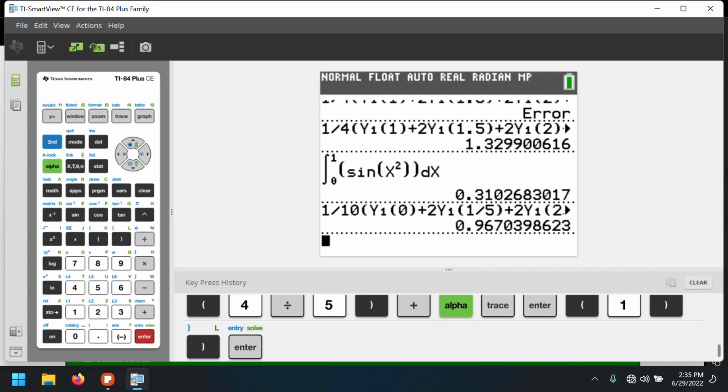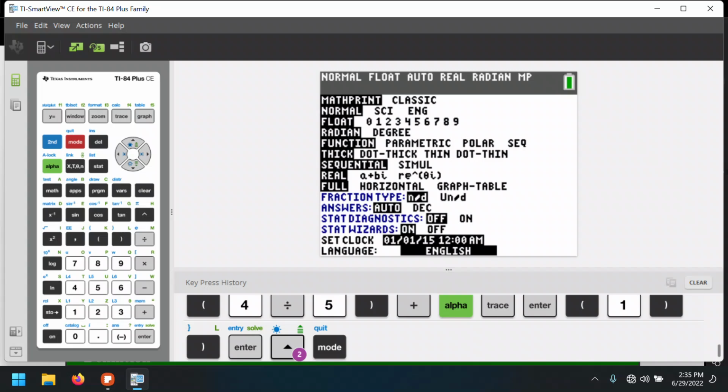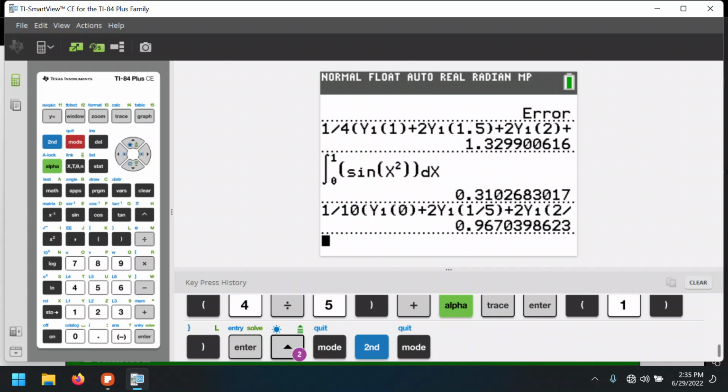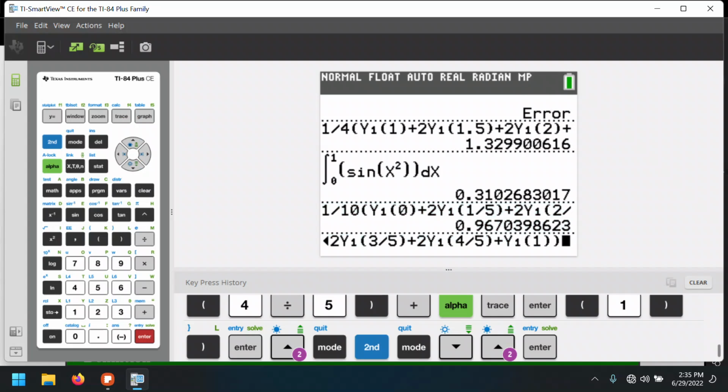And wait, why did I get a different result? Oh, mode. So it's also in radians. Did I miss anything? Because I did it on my calculator here by hand.